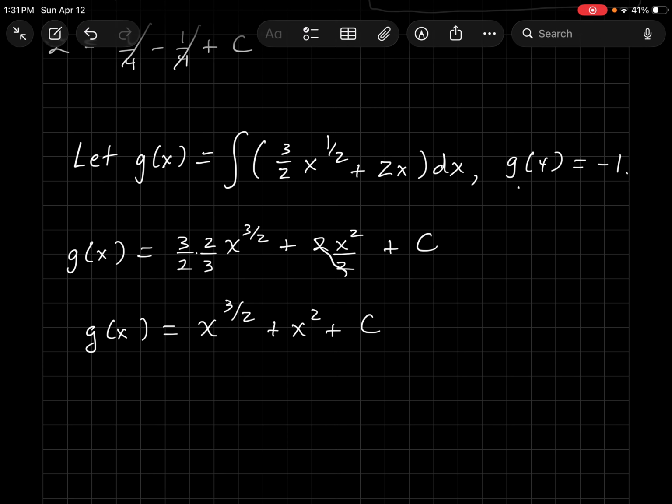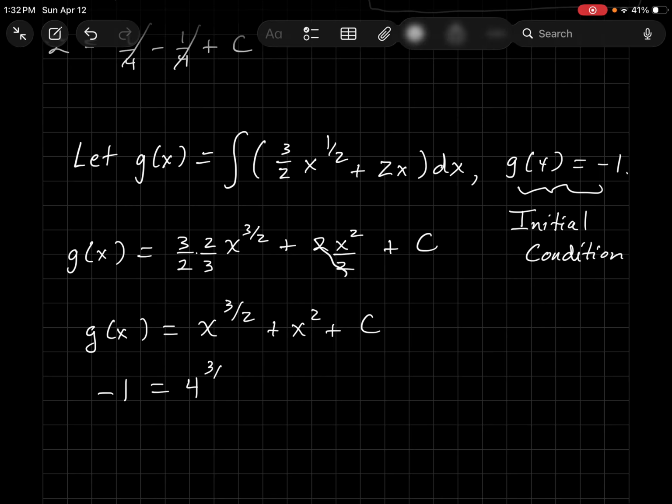Now we can use this piece of information, often called an initial condition, to find the particular solution. So when g is negative 1, I'll start by plugging in g first. I know that x is 4. So we get negative 1 equals 4 to the 3/2 plus 4 squared plus c.